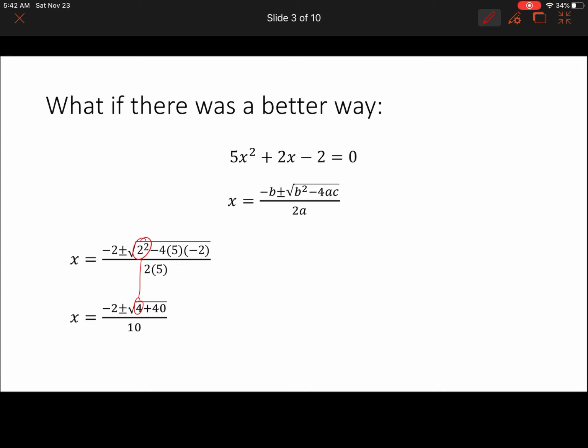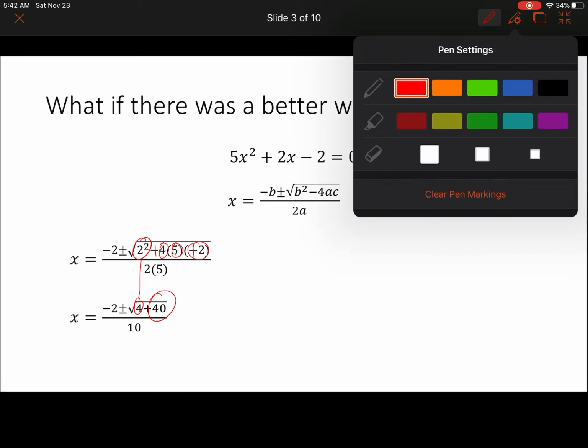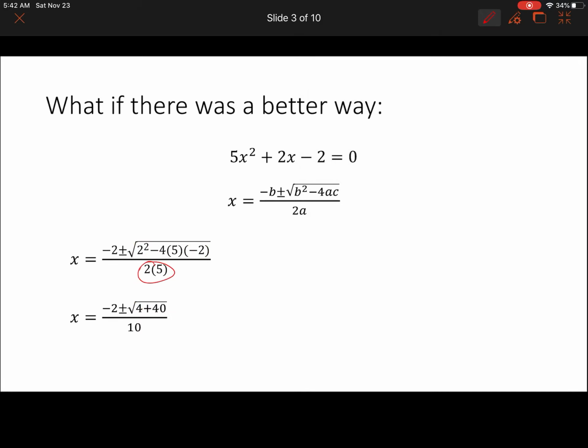So what's the first thing we solve? 2 squared is equal to 4. We just keep everything else the same. And then 4 times 5 times minus 2, times this minus. This minus and minus become a plus. 5 times 2 is 10, times 4 is 40. And then 2 times 5 is equal to 10.